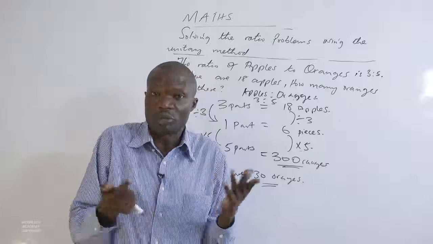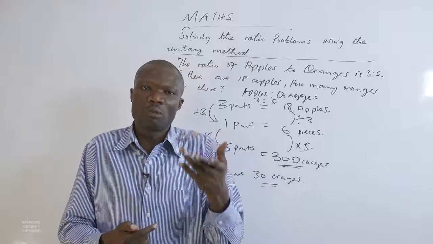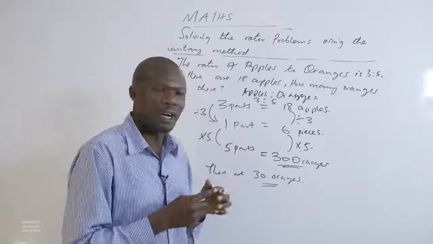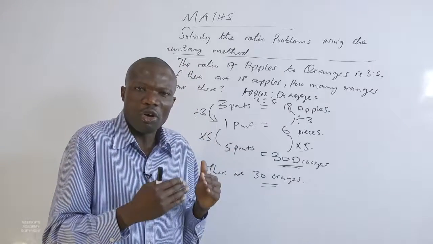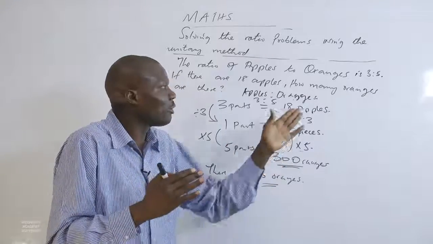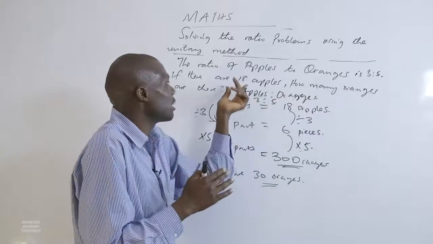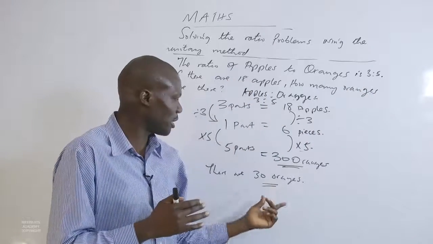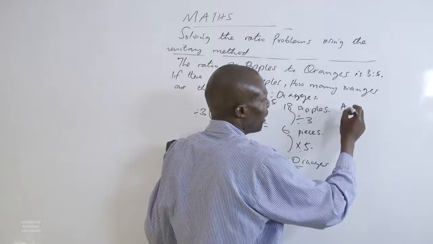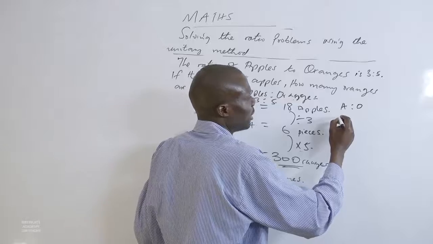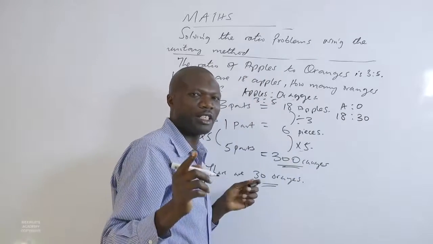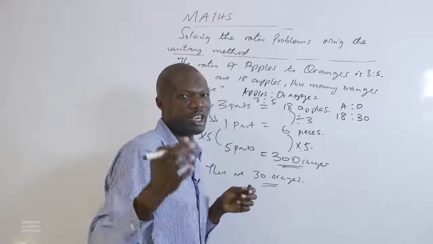Now, it is always good sometimes, when you doubt your answer, to go back and prove if it's correct or not. Now, we are talking about the current number of apples to oranges. At the ratio of 3 to 5, the apples are 18 and oranges are 30. Is it true? So, apples A to oranges O is 18 to 30. Find the highest common factor between these two. You find it is 6.